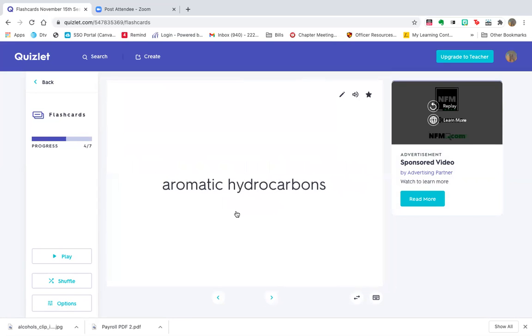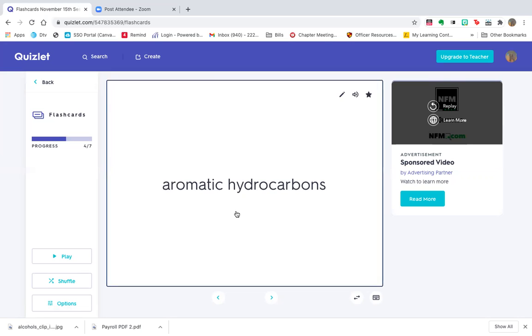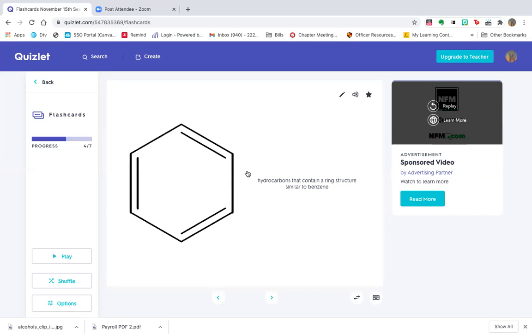And then the aromatic hydrocarbons. That's essentially the same hydrocarbon but arranged differently. Yeah, it's the benzene ring. So hydrocarbons that contain a ring structure similar to benzene. This is the quick format for drawing a benzene.